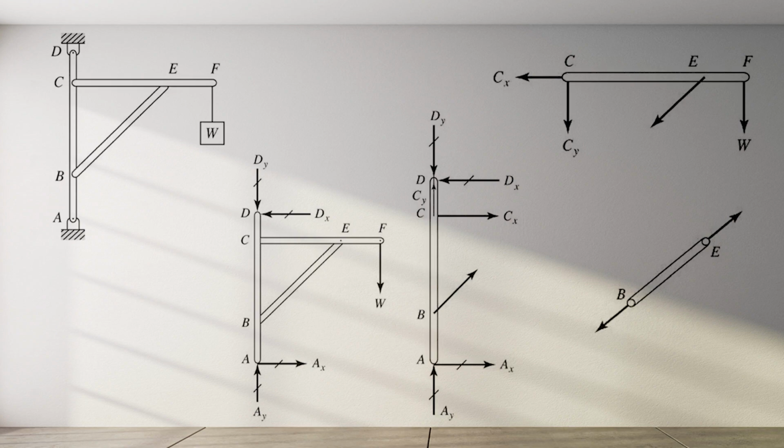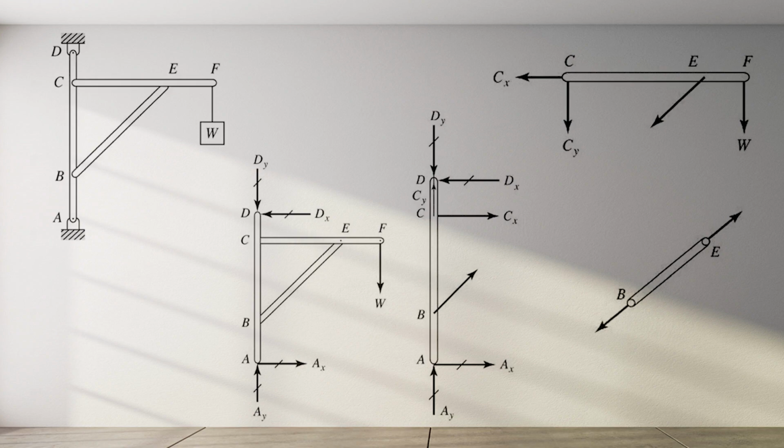This process has increased the number of unknown forces to 8: AX, AY, B, CX, CY, DX, DY, and E. Each free body diagram has its own set of equilibrium equations equal to the number of unknowns, making the problem mathematically solvable.